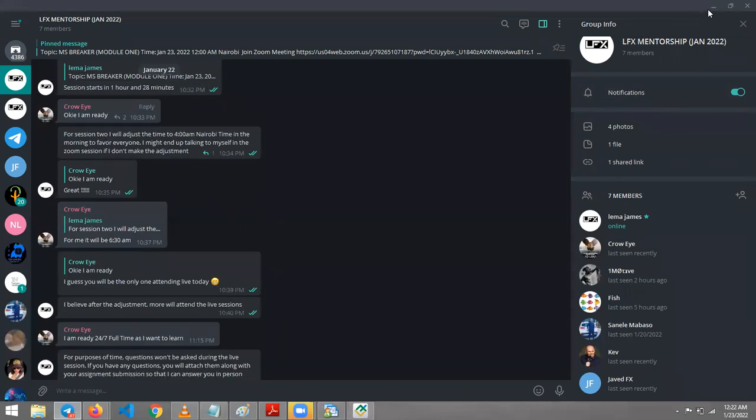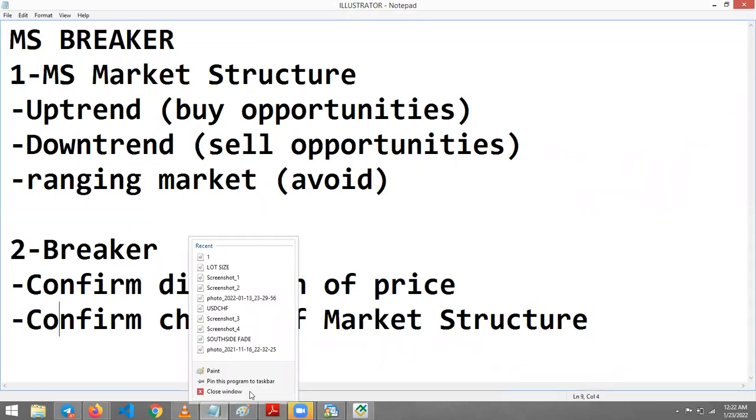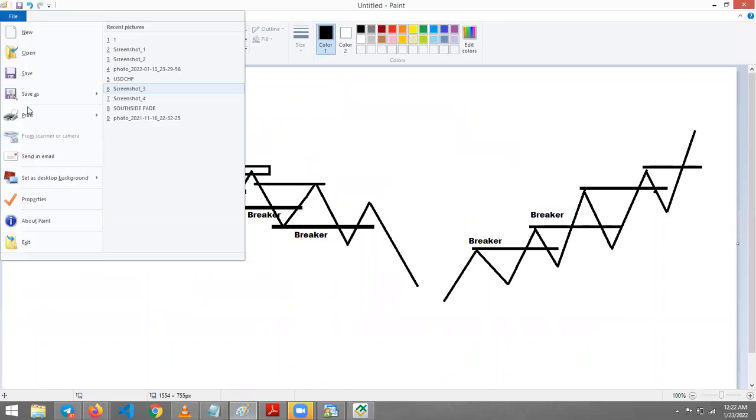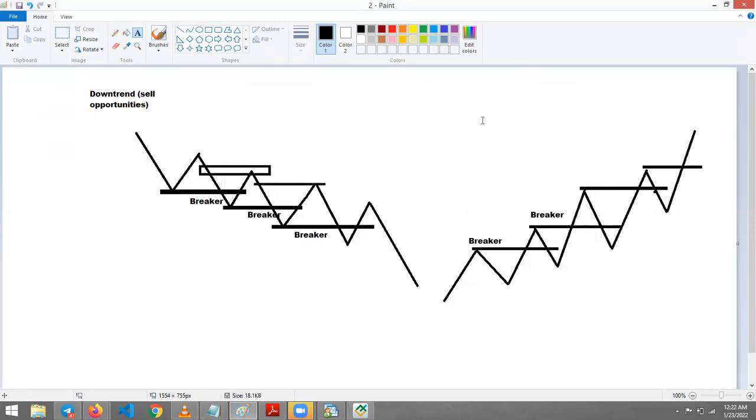Okay, let me get to my Illustrator. Let me save this. Let me save it as 2.